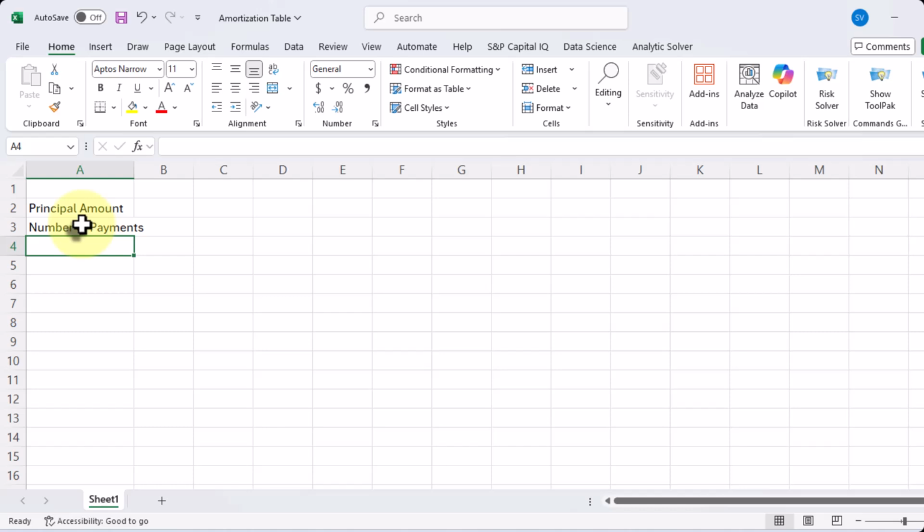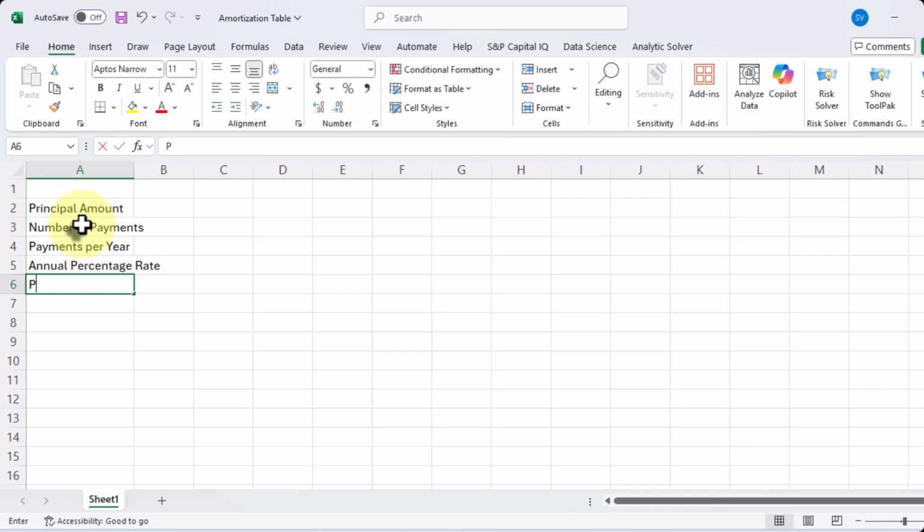In the next cell down, we're going to put the payments per year. Then we're going to put in the annual percentage rate. So this would be the nominal rate or the APR that is advertised usually by the bank.